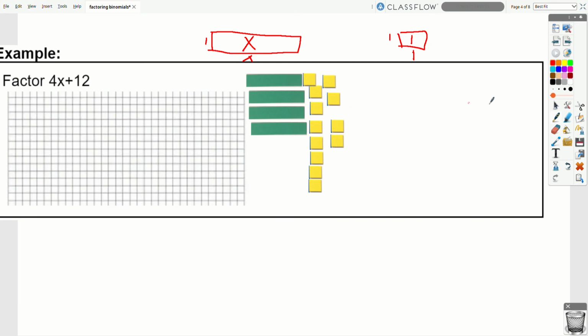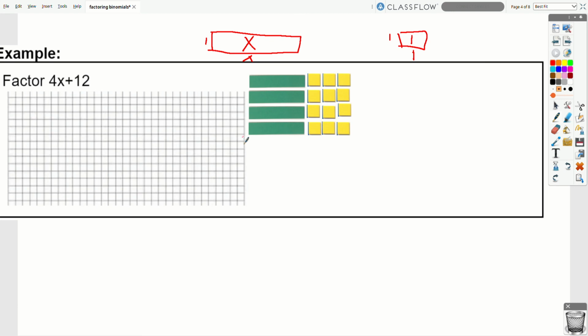So we have 4x plus 12. When we arrange these and move them around, the only way to get this in a nice rectangle shape is like so. You can go ahead and draw this over here, but just to save some time, I'll leave it in this spot. Now we find out what the base and height are, and that will be our factored form.